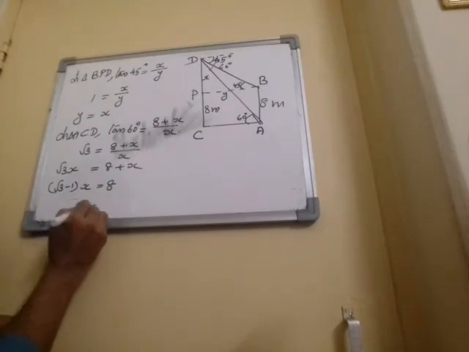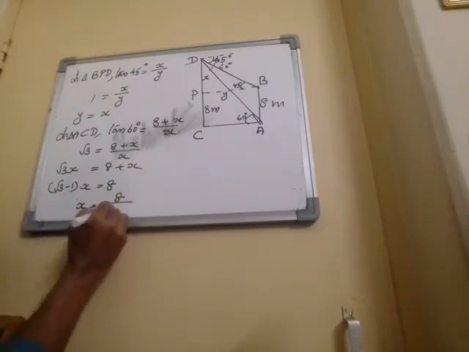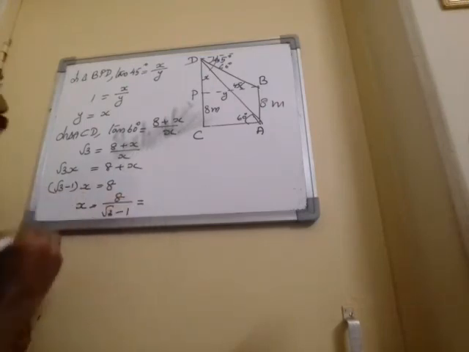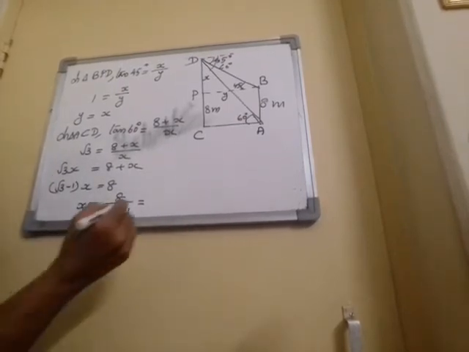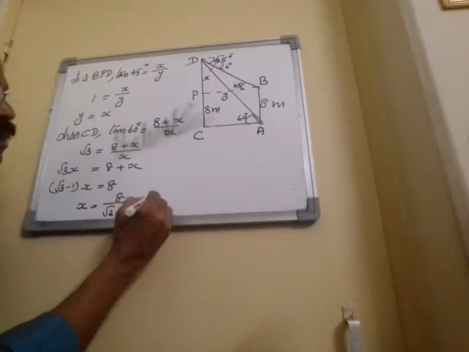So X equal to 8 by root 3 minus 1. So when you simplify, we get 10.9.